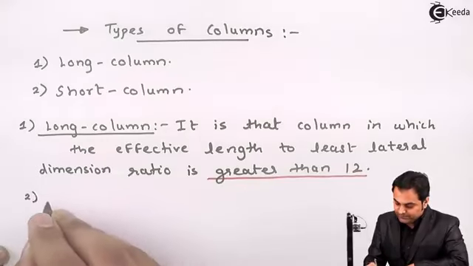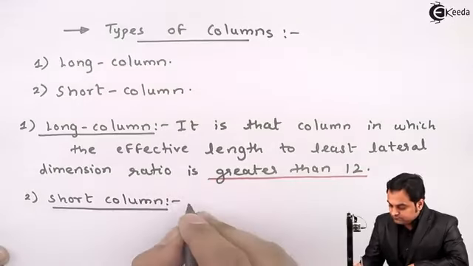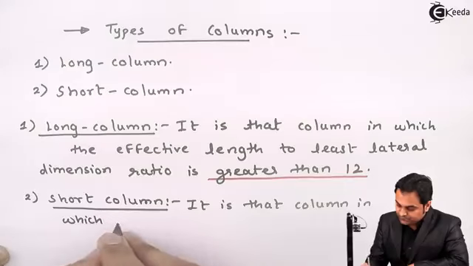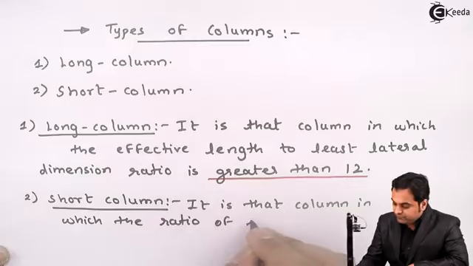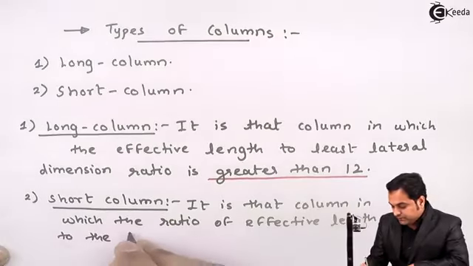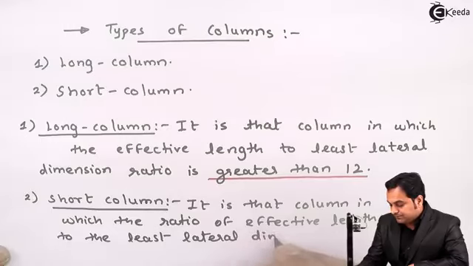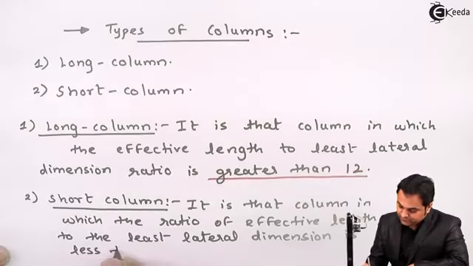So for short column, it is that column in which the ratio of effective length to the least lateral dimension is less than 12.